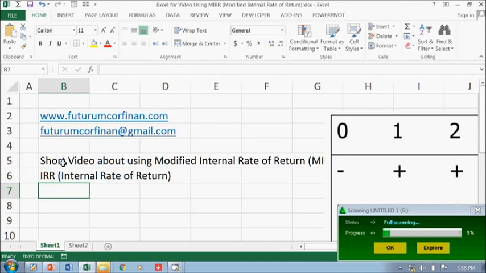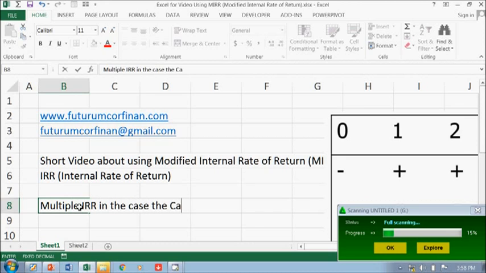But IRR is quite a problem if the cash flow pattern is what we call non-conventional. So with IRR, we're going to have multiple IRRs in the case the cash flow pattern is non-conventional.